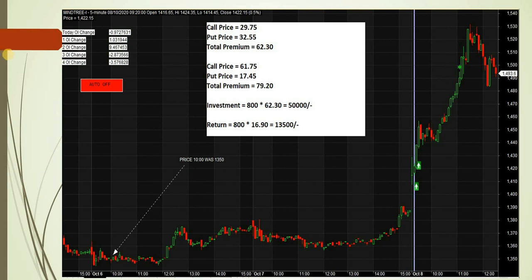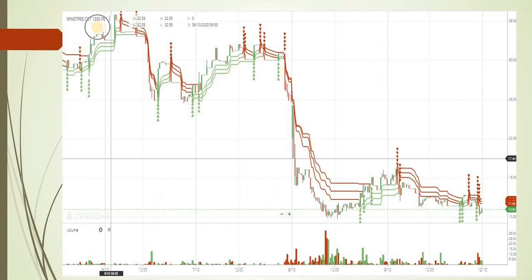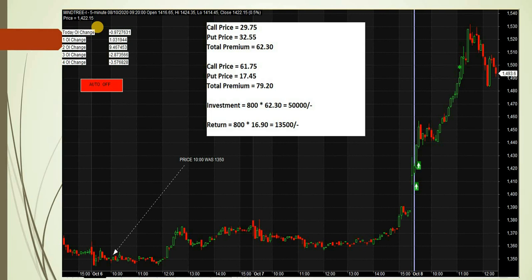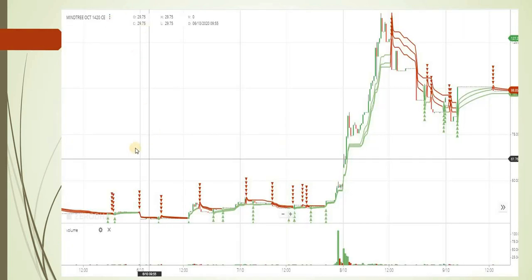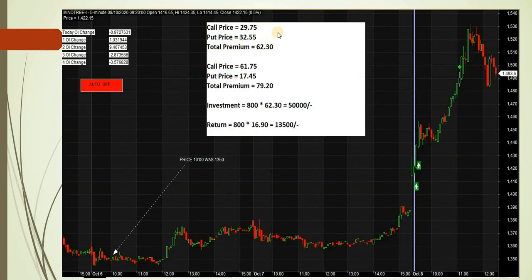So we will try to buy a strangle within 60 points of this range. Let's say we bought a call of 1420 and a put of 1300 on 6th of October. Call price was 29.75, put price was 32.55. So here I put 29.75, 32.55.